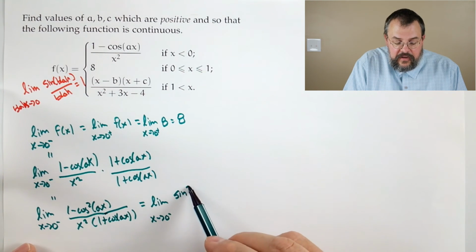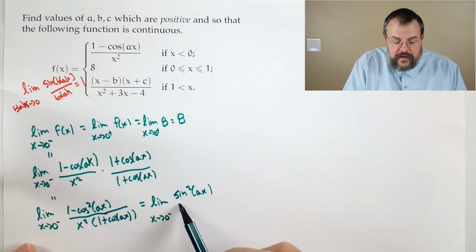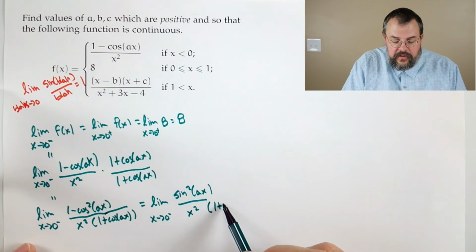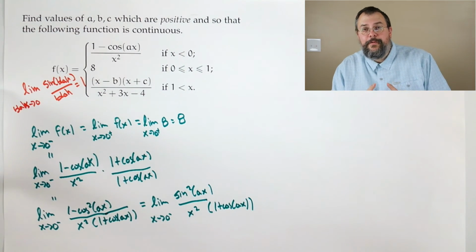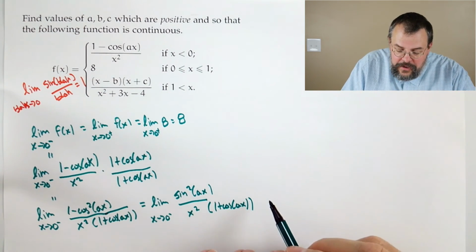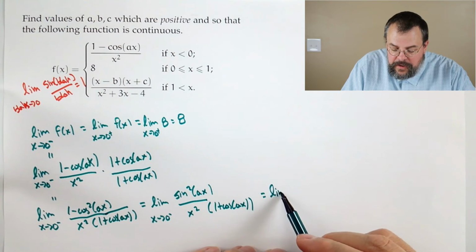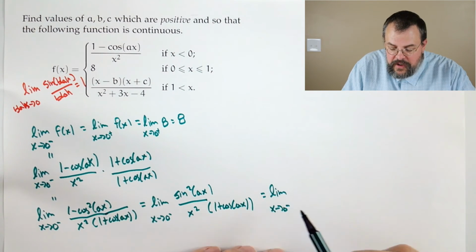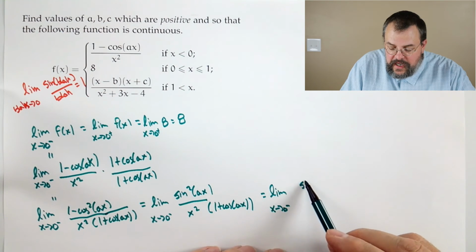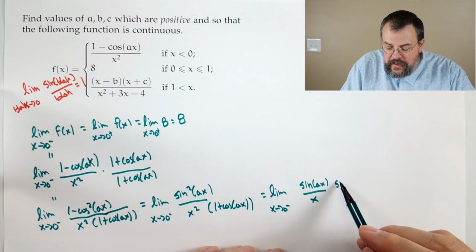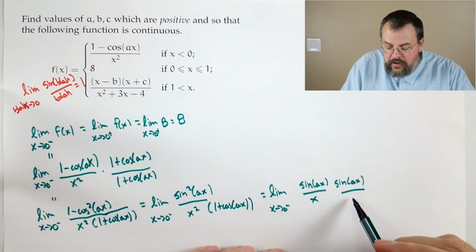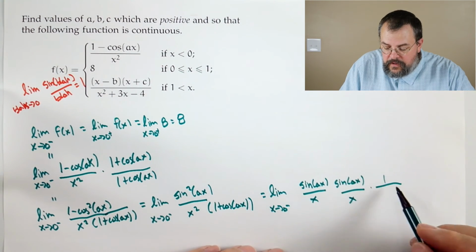Upstairs, that's now sine squared of ax, and downstairs, that's x squared and 1 plus cosine of ax. Okay, so we're almost there. Now we say, okay, that's the limit as x goes to 0 from below of sine of ax over x, sine of ax over x, and then there's a 1 over 1 plus cosine ax.